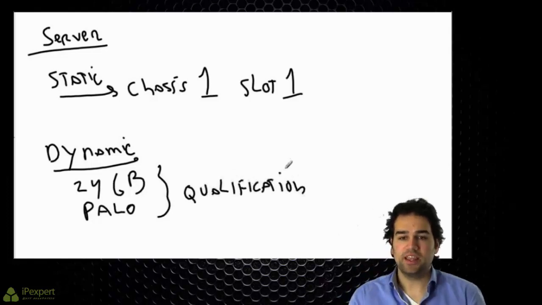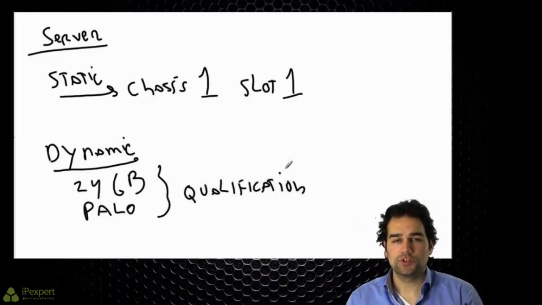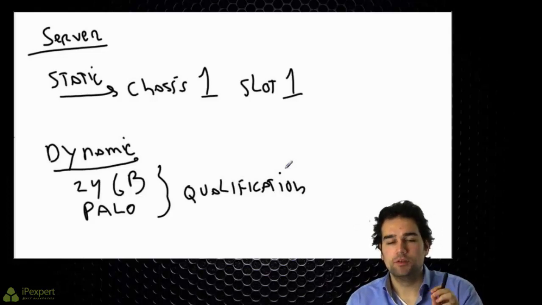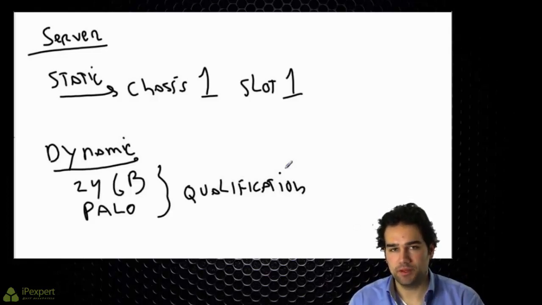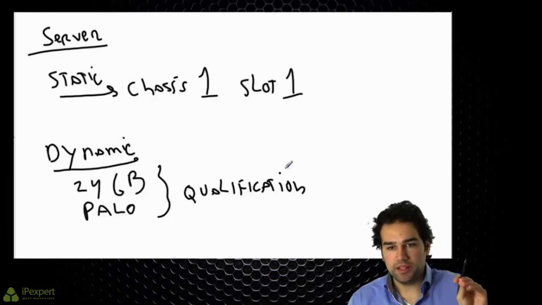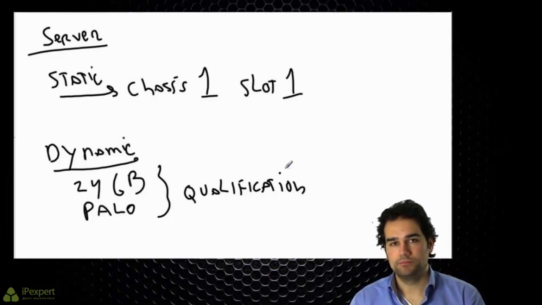So I can specify a qualification for a server based on the amount of memory, the amount of local disks, the amount of CPU performance, or the network adapter in my server. Based on those qualifications, I can put them into a certain server pool.